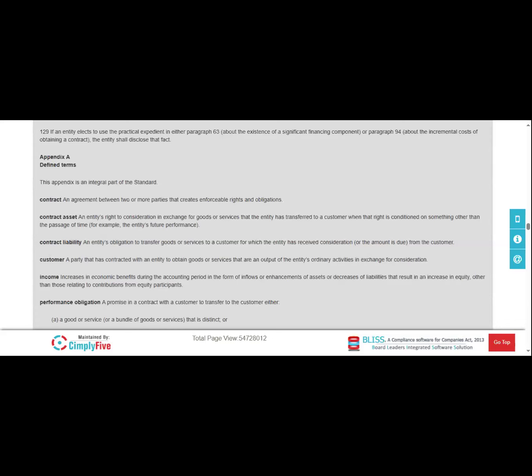In the next session, we start with chapter number 4. In chapter number 4, we are going to understand the reporting of assets, liabilities, and disclosure in financial statements using the relevant Indian accounting standards.